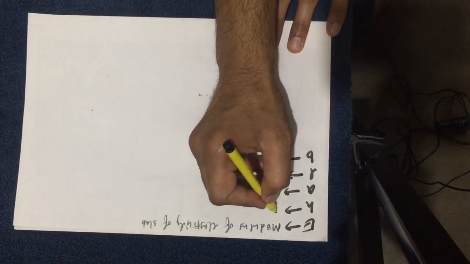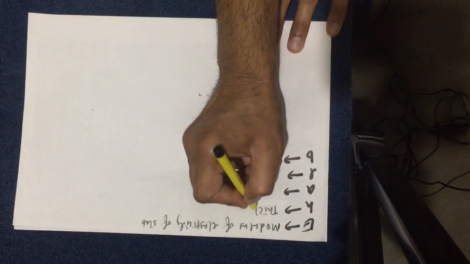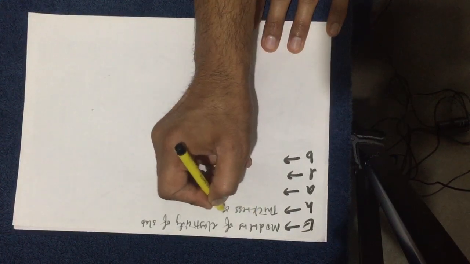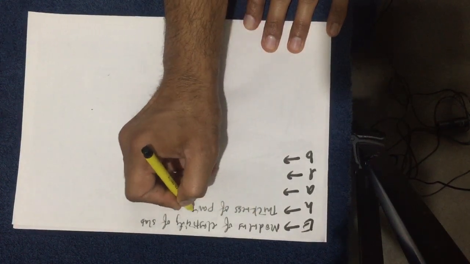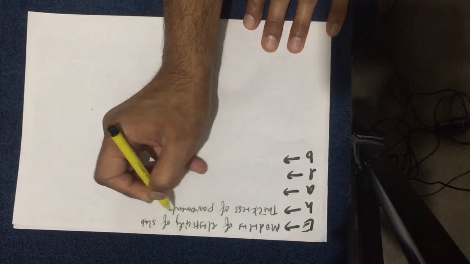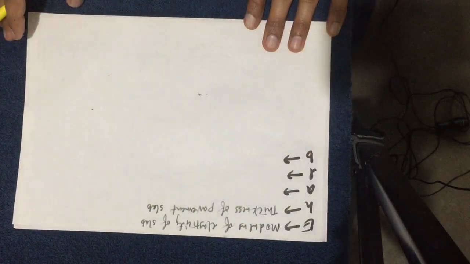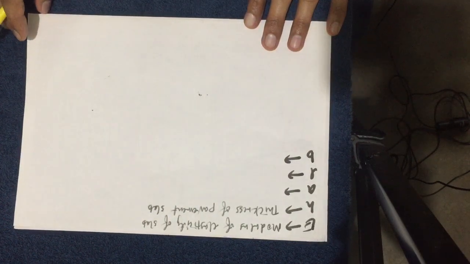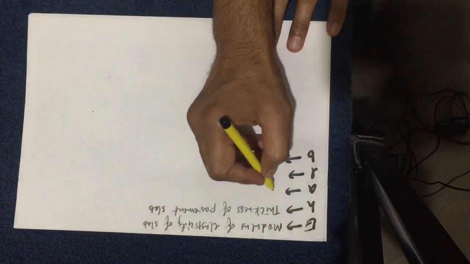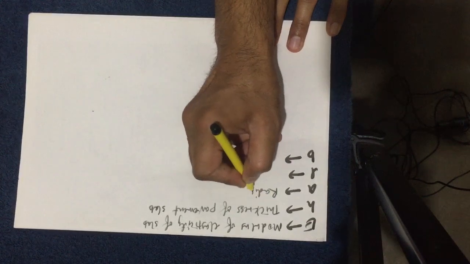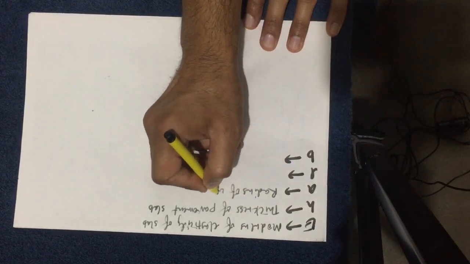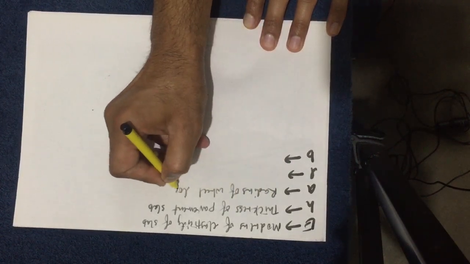H is the thickness of the pavement slab. And what is A? A is the radius of wheel load.